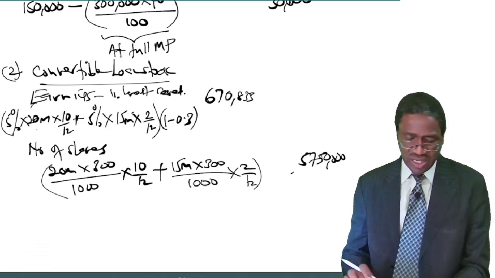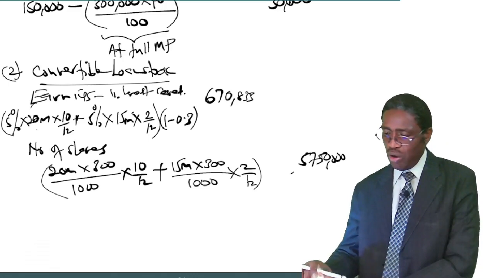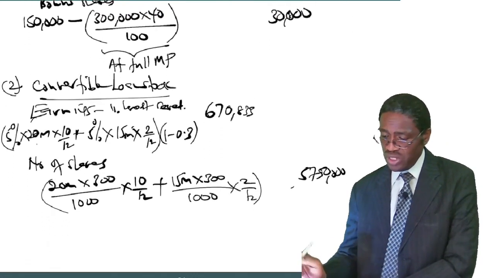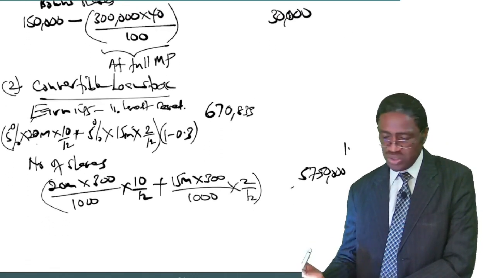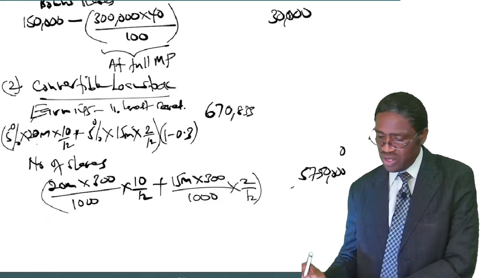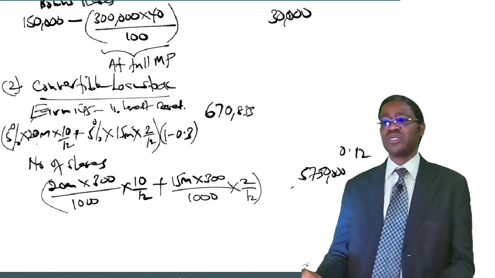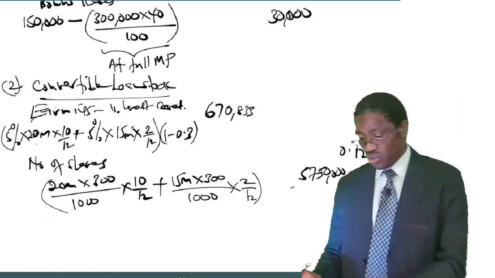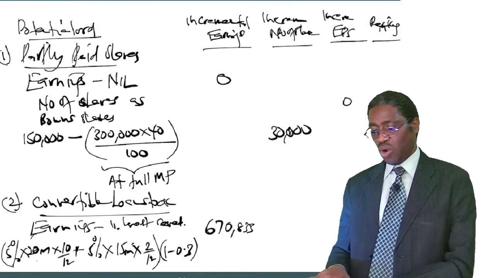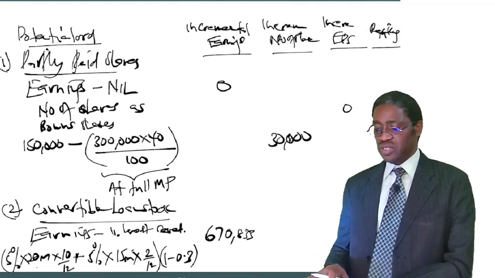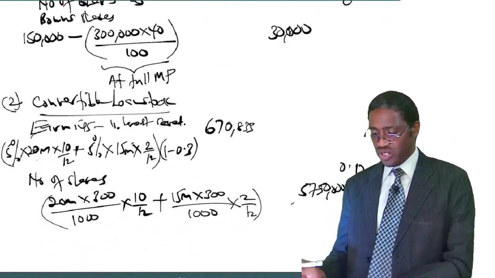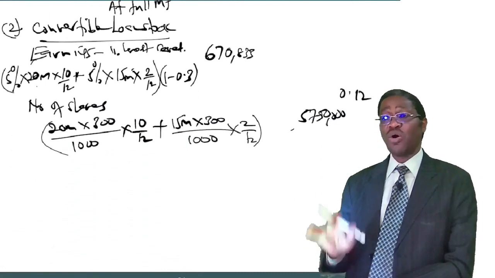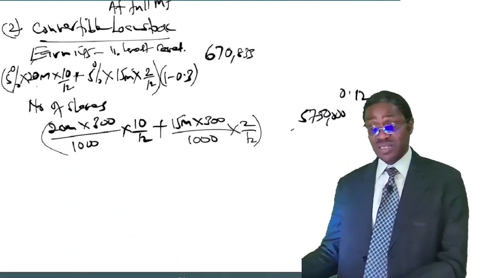You get an incremental EPS of 0.12 to the nearest 2 decimal places, under the column called incremental EPS. That is all for note number 3.